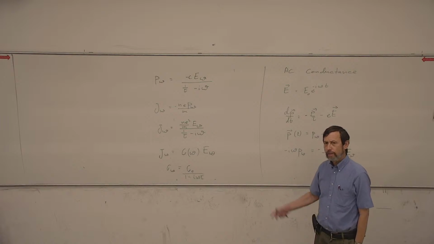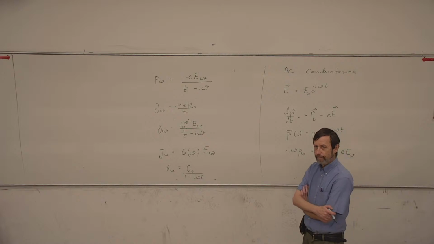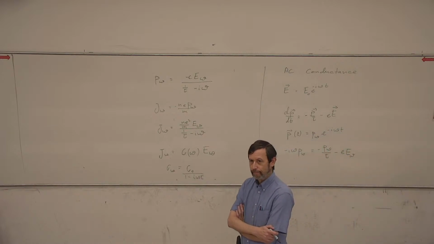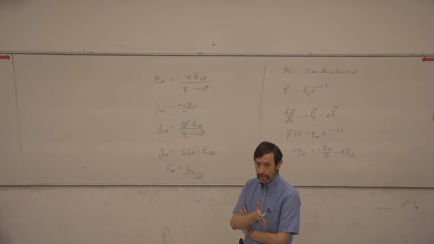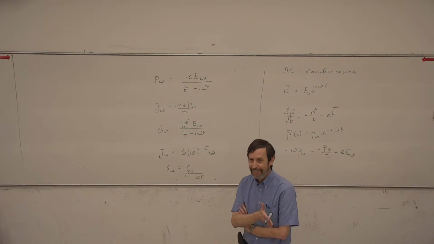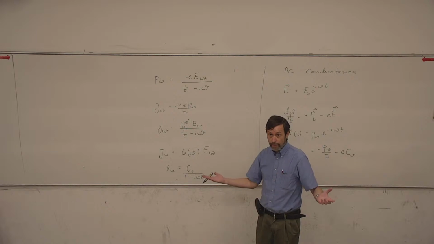And what is the meaning of the imaginary part here? Well, there are two meanings. Number one, it changes the amplitude. Number two, it changes the phase. Right, and I want to emphasize the second one. The first one is, in a sense, more trivial. The second part is important because it tells you that the response of the current occurs later than the change in the field, which in a sense is very natural.